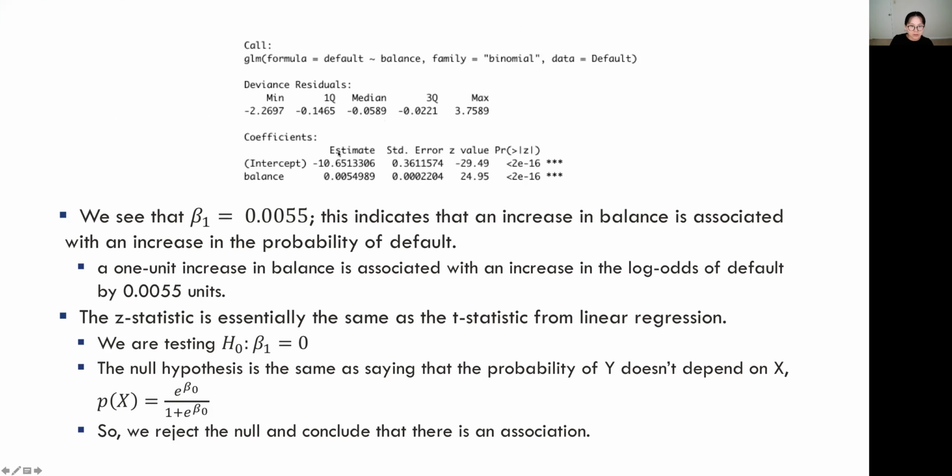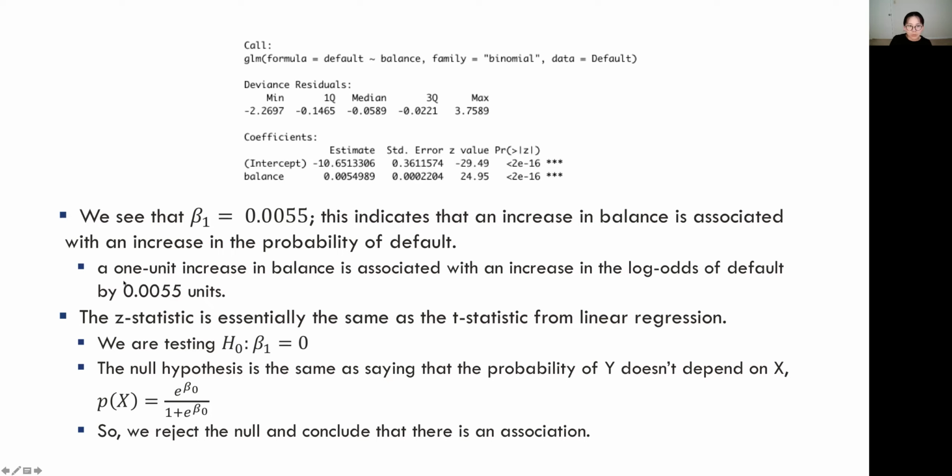Let's look at the summary of the output again from this logistic regression. We see that the estimate for beta 1, the coefficient of balance, is 0.0055. This indicates that an increase in balance is associated with an increase in the probability of default, because it's a positive value.